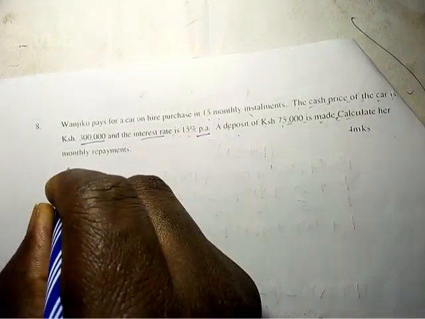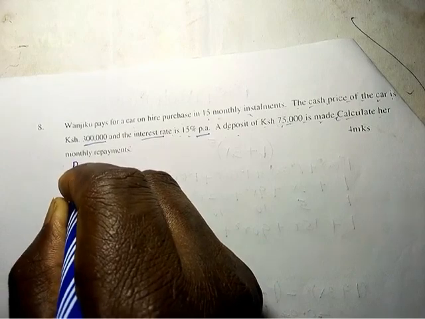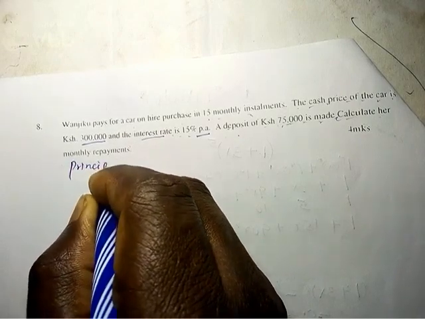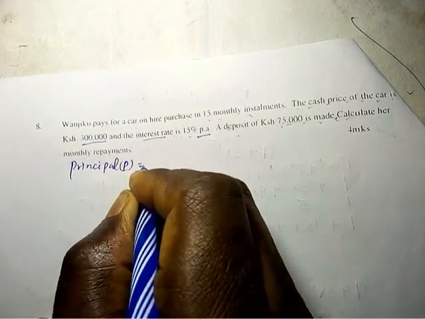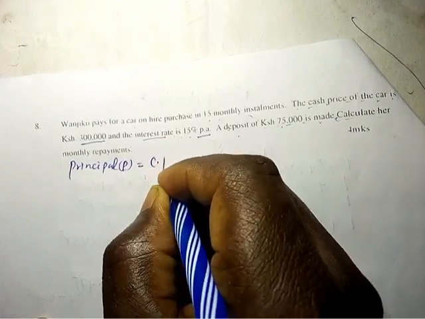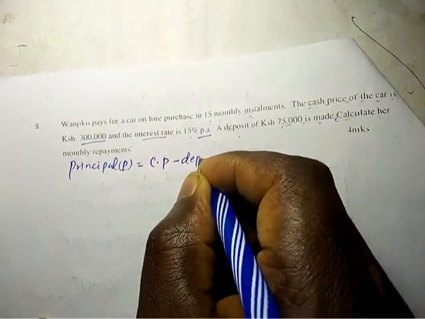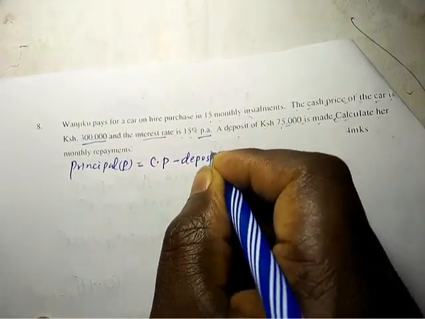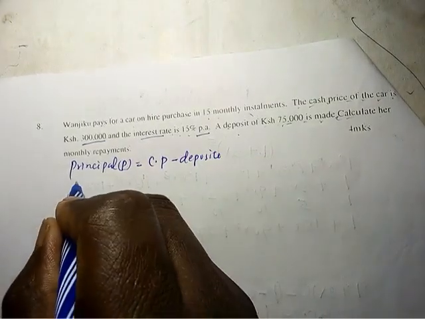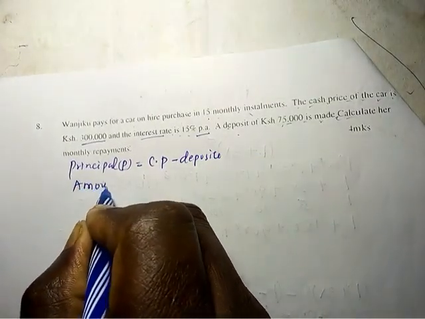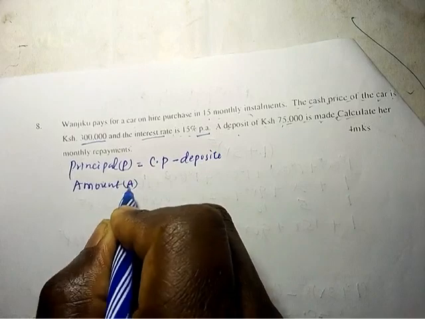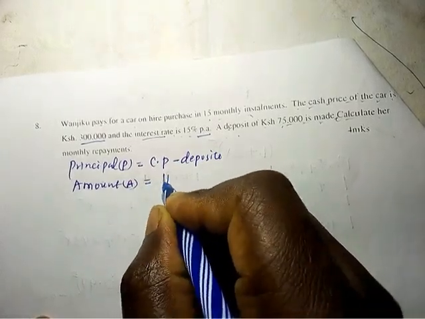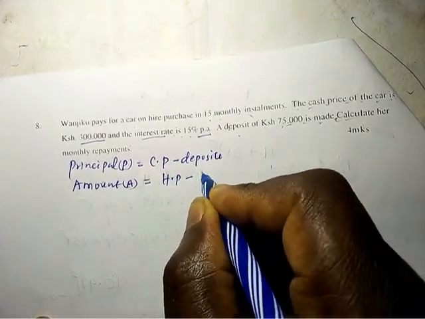things you need to know: the principal P is equal to cash price minus deposit. So amount A is equal to hire purchase minus deposit.